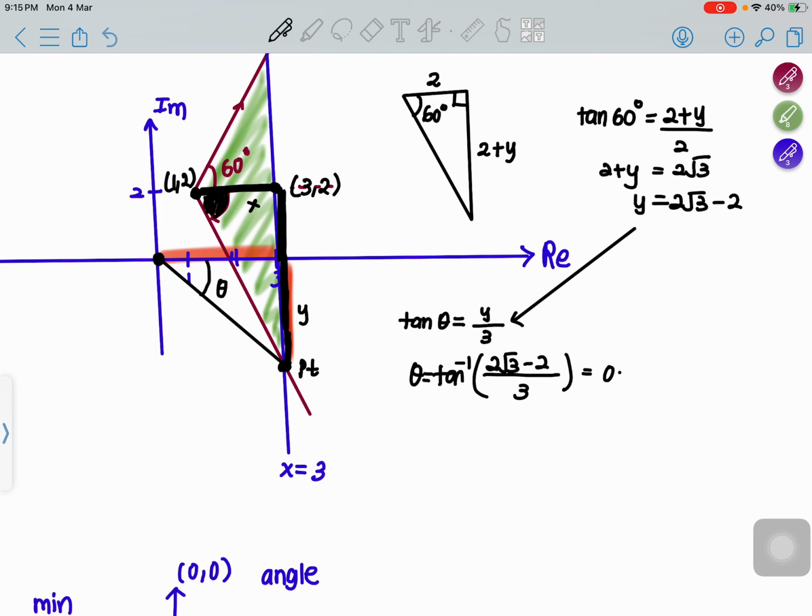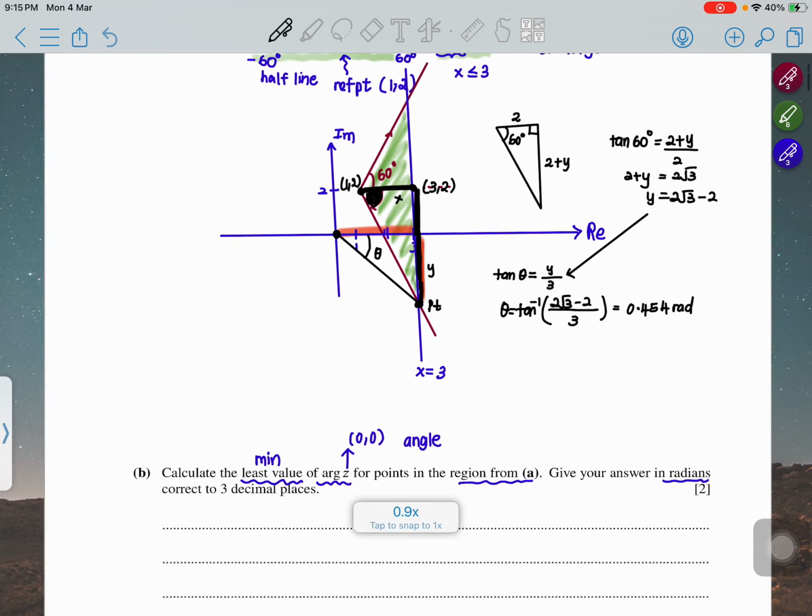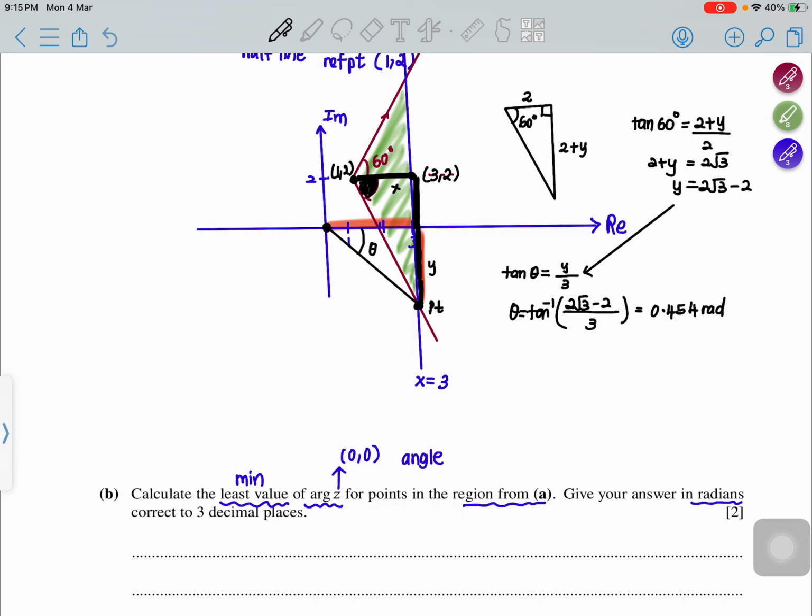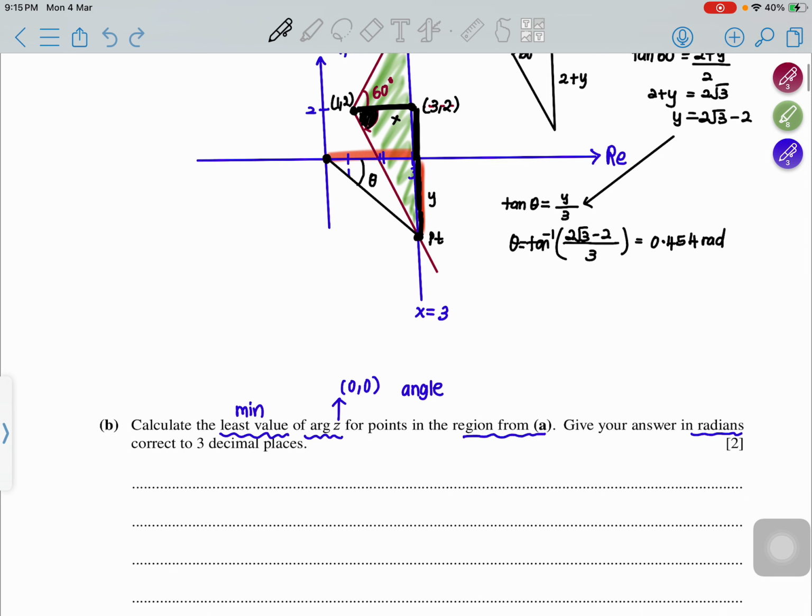Okay, I am getting 0.454 radians. But can you leave your answer like this? You can't, because I am looking for the minimum value. Minimum value, I know the angle needs to be negative now. If you put a positive value, then it is going upward from the x-axis. So you can't do that. So your answer is going to be negative 0.454 radians.